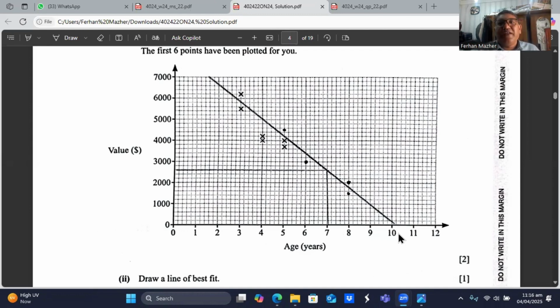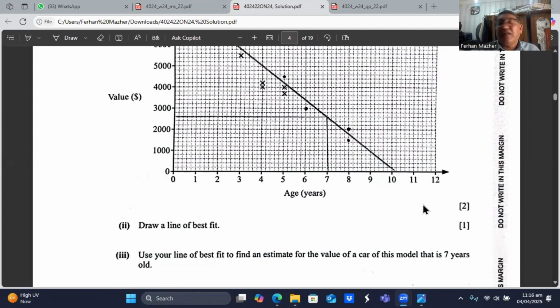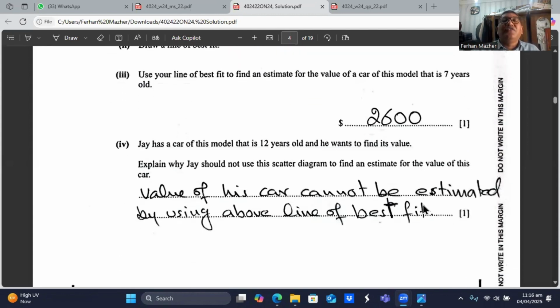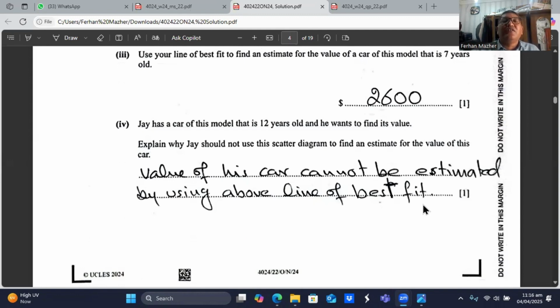So we cannot predict the value of the 12 year old car. The value of his car cannot be estimated by using this line of best fit, because the line of best fit at about 10 years crosses the x-axis and the value becomes 0. So this cannot be used.